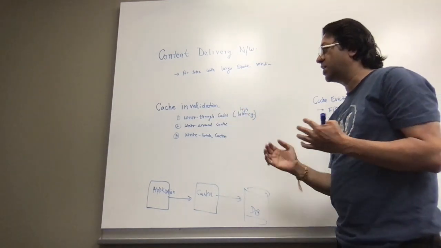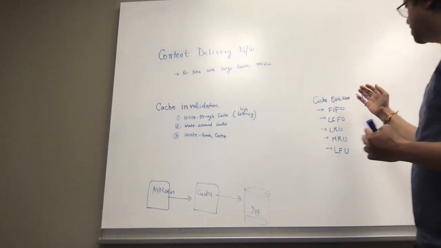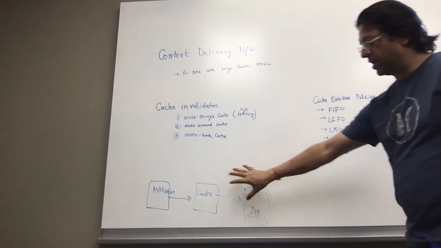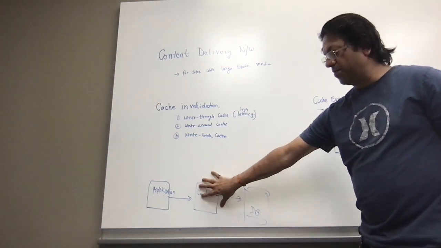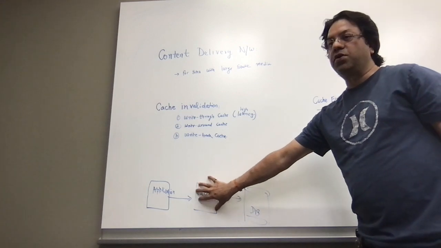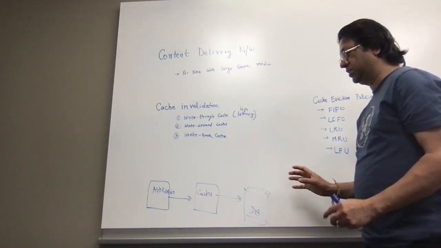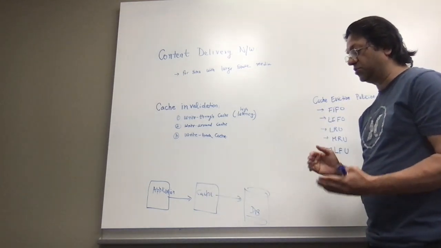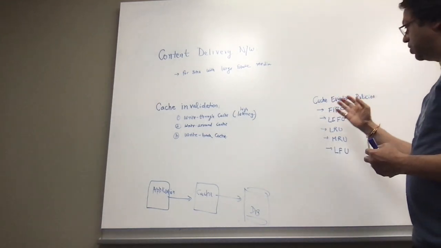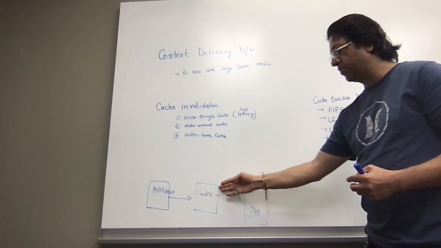When we talk about the cache, there are also cache eviction policies, because the cache is a limited amount of memory. So how much data can you put in the cache? Recently accessed or popular data should be in the cache. There are different mechanisms to evict or remove data from the cache.